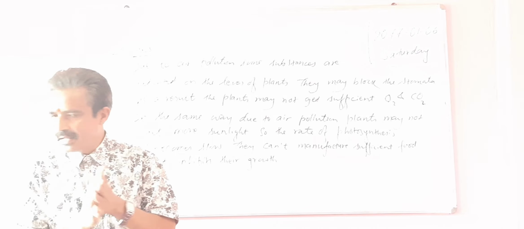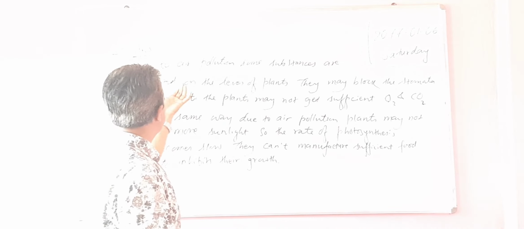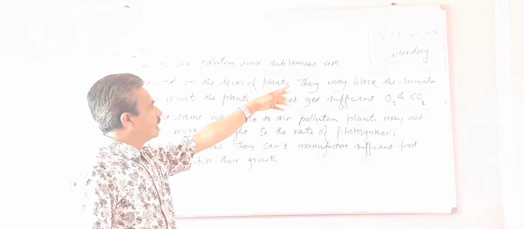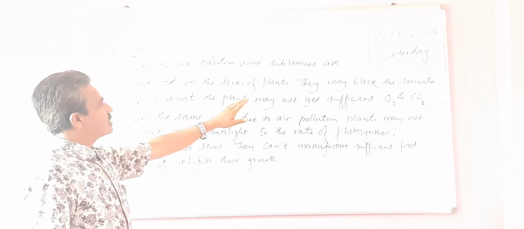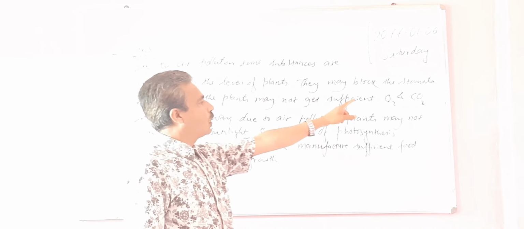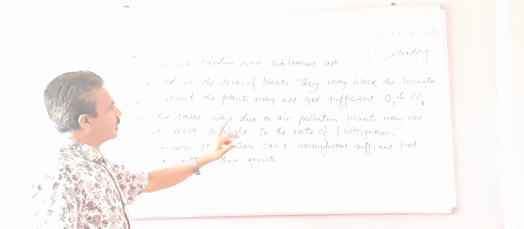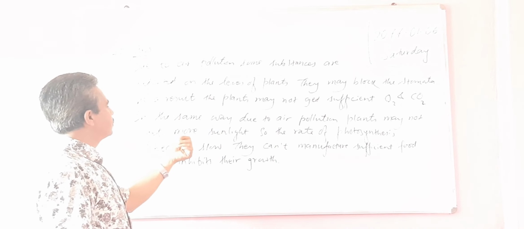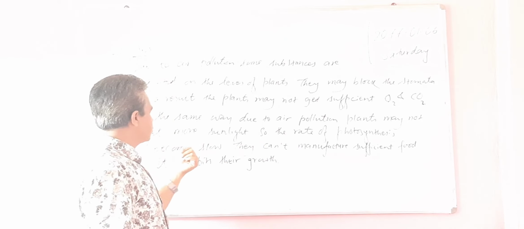biological growth of plants? It's here. Due to air pollution, some substances are deposited on the leaves of the plants. They may block the stomata. As a result, the plants may not get sufficient oxygen and carbon dioxide. In the same way, due to air pollution, plants may not get more sunlight, so the rate of photosynthesis becomes slow.